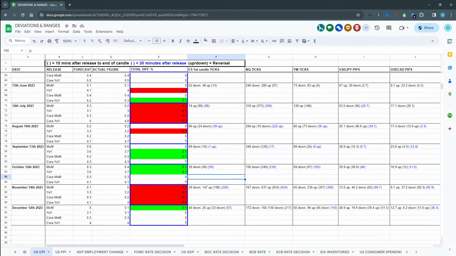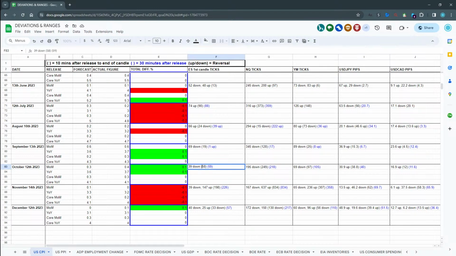Now, if you see here, in the box above, it shows you if there's been a reversal or if there hasn't been a reversal. As an example, where you'd seen an initial 39 tick move towards the downside, if after 10 minutes it's going in the same direction, you won't see a word in there.